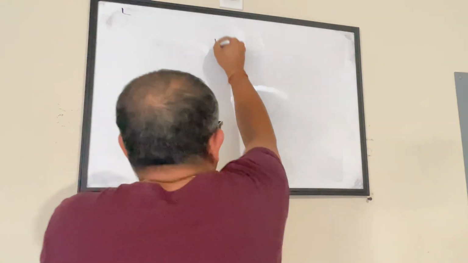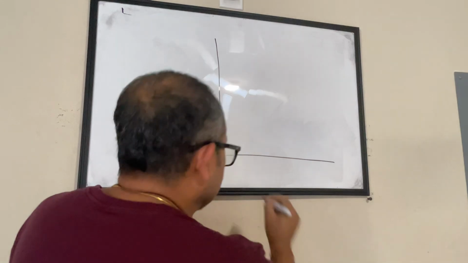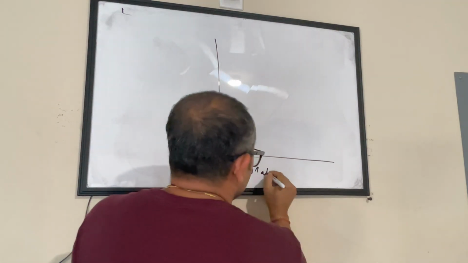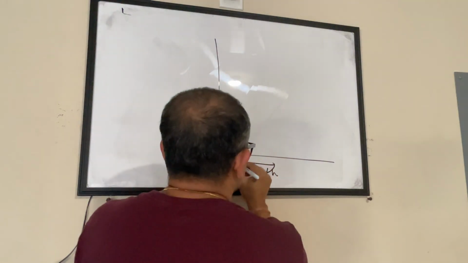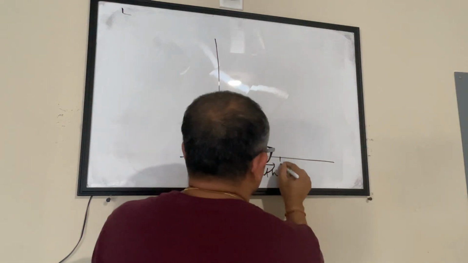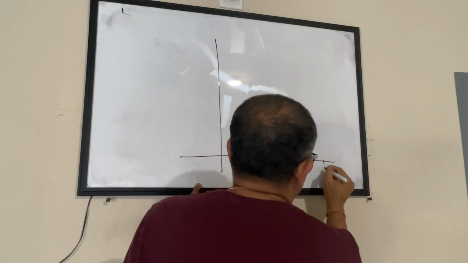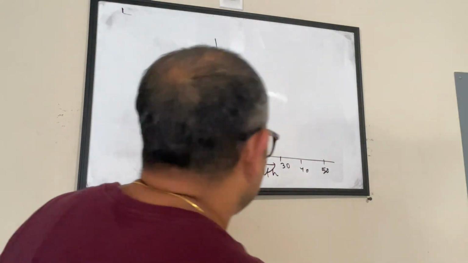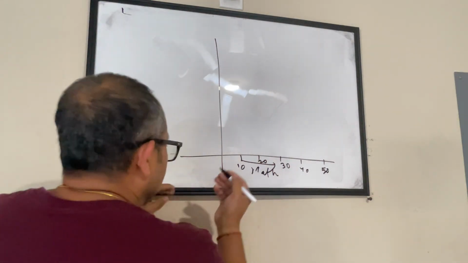So let's say this is my math score on this axis, 10, 20, 30, 40, 50. There was a test for math and science in one grade, a 50 marks exam, and 20 kids appeared for it.